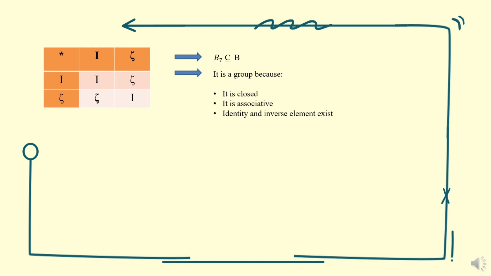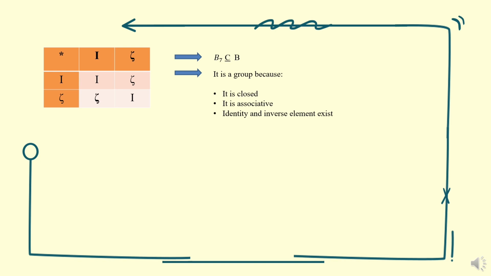Next, associativity. It is associative because when we flip this table 180 degrees, as I said earlier, we can get the same as the original. That's why we can say that this table is also associative.